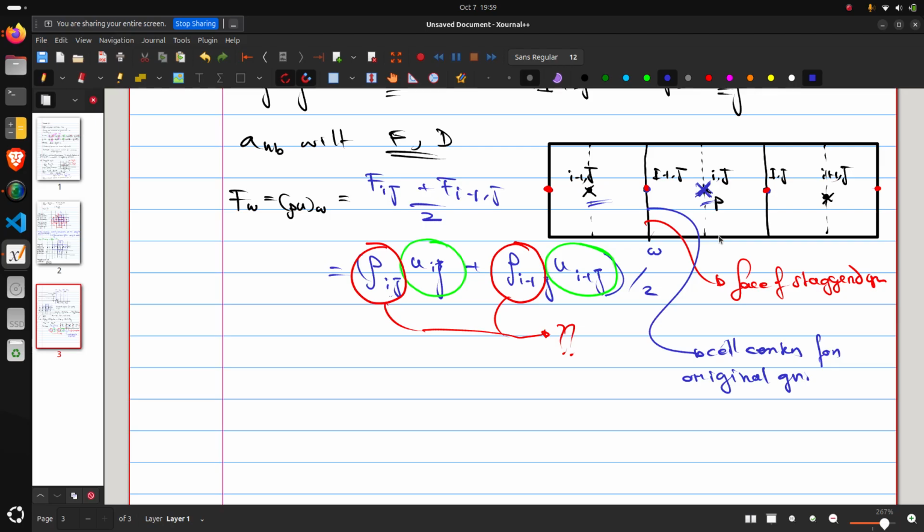P is just to denote the cell center that we are currently concentrating on. So the original grid is actually this red part, and this is the staggered grid. Forget about the solid and dotted. The blue line is the staggered grid, and the red line is the original grid.